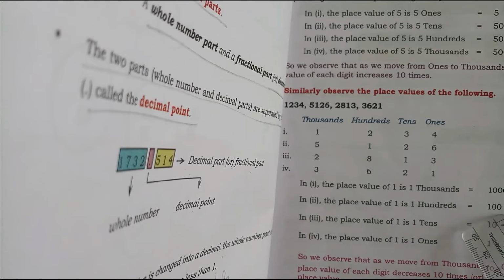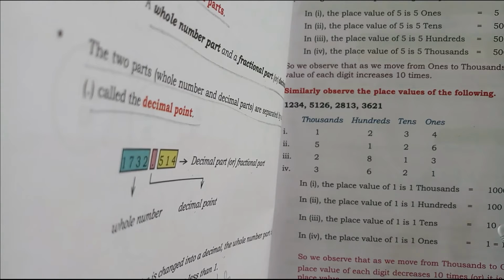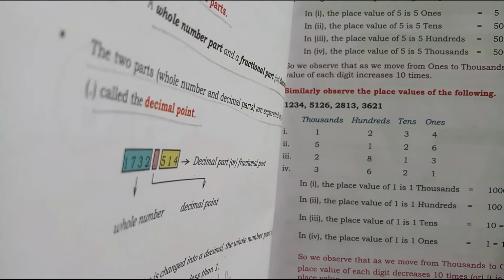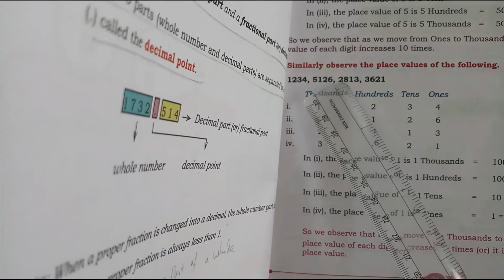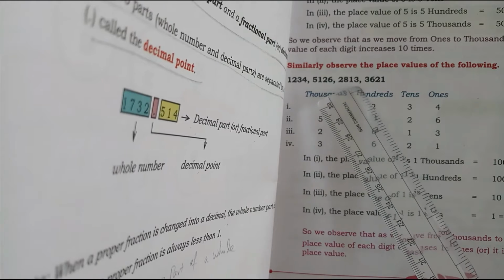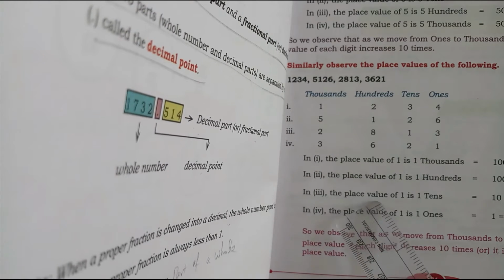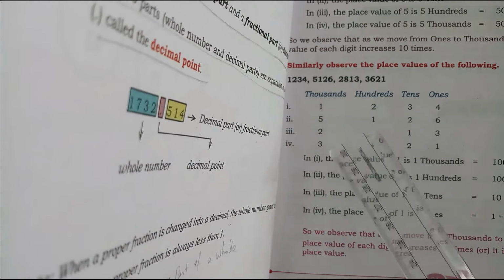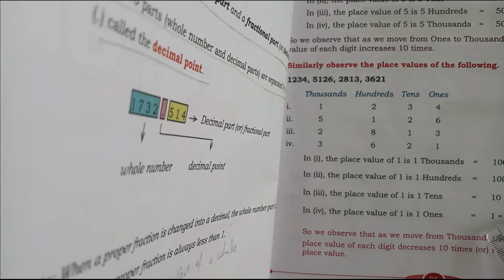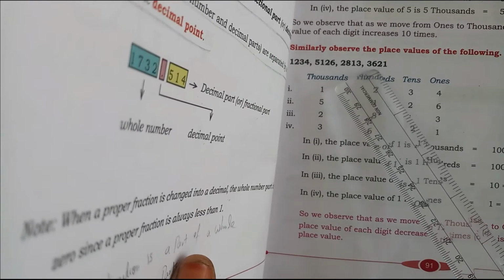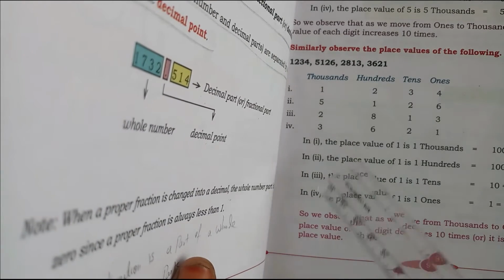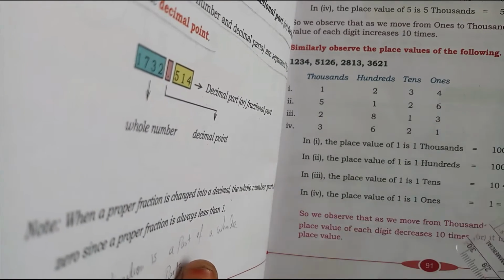Now 100 is equal to 1000 into 1 by 10. Now the place value for the third number, 2813, the place value of 1 is in tens. That means 10 is equal to 100 into 1 by 10. Now in the last number, 3621, the place value of 1 is in ones.